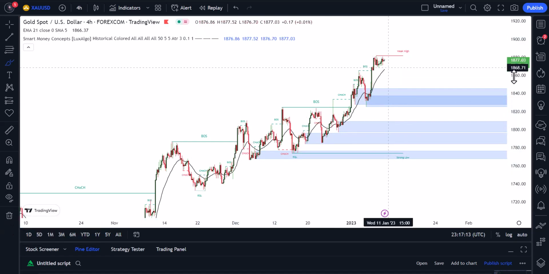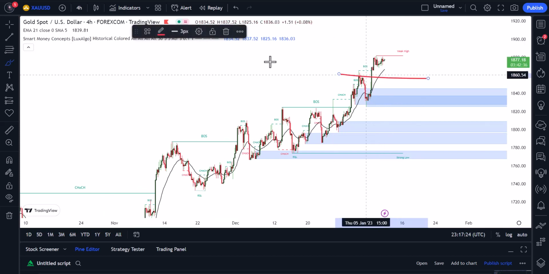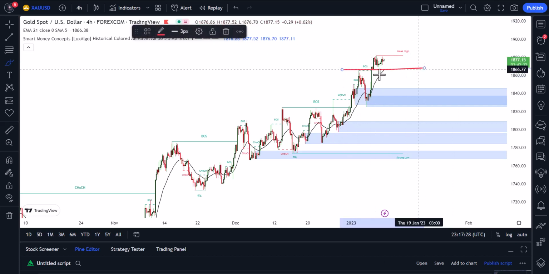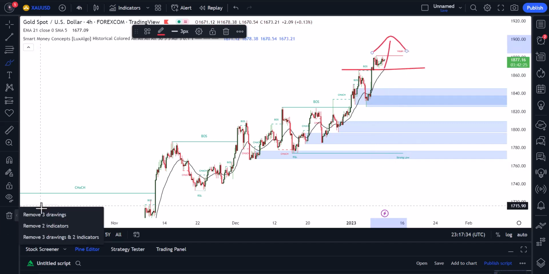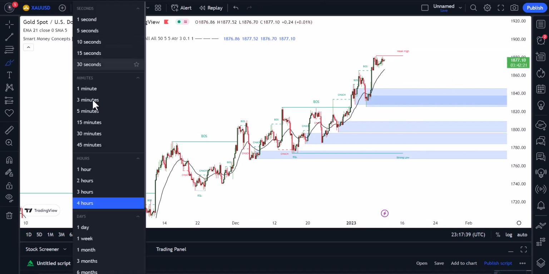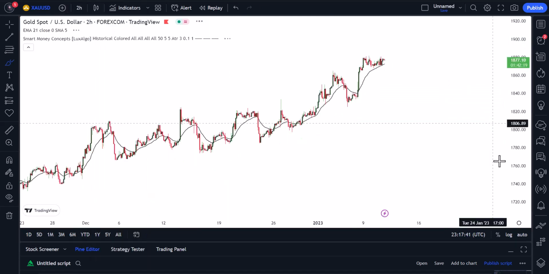We didn't see any kind of reversal here, and the moving averages are also in favor of buy. As you can see here, we have a break of structure. It broke out this area and it's going up after completing the retest. And yeah, let's move toward the shorter time frame.